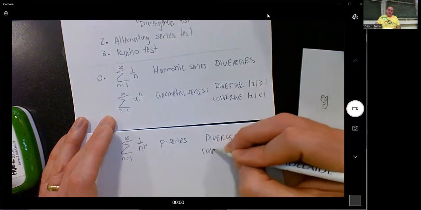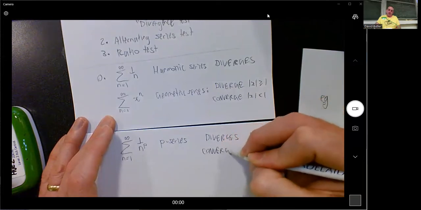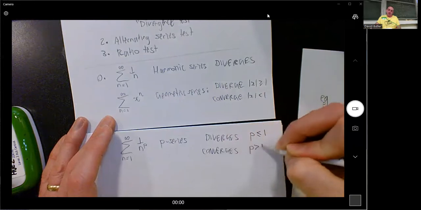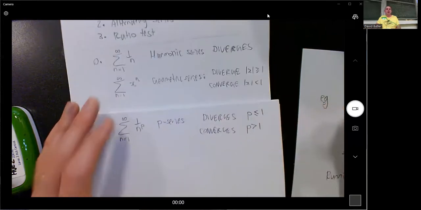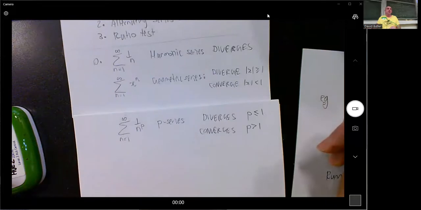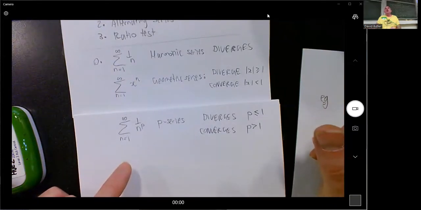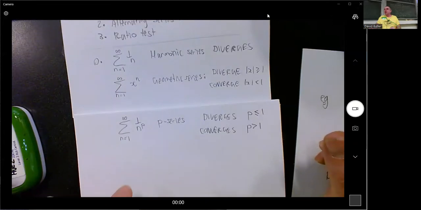When it converges and P is greater than 1. So 1 over n squared, converge. 1 over n cubed, converge. 1 over n to the power of 1.5, converge. 1 over root n, that's n to the half, diverge.